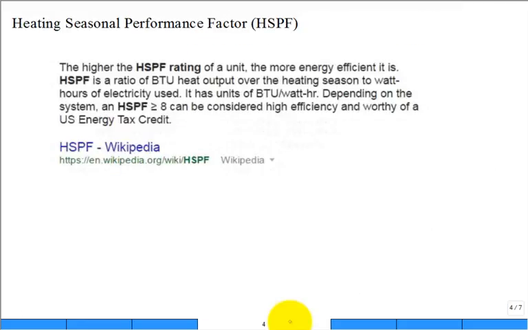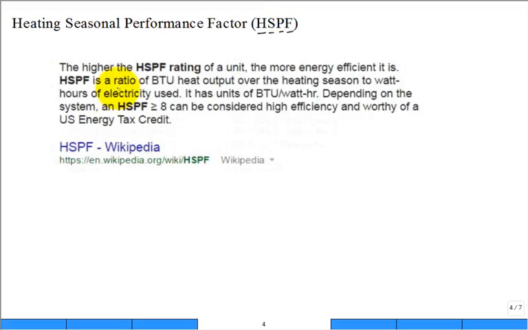Well, we have a rating for air conditioning systems, the SEER, the Seasonal Energy Efficiency Ratio. You also have the Heating Seasonal Performance Factor, HSPF. It doesn't roll off my tongue as easily as the SEER, but it's a metric.